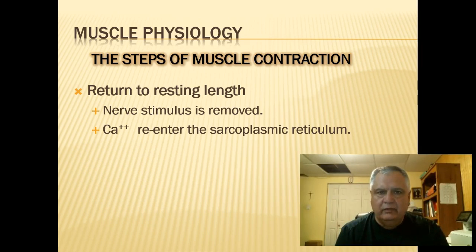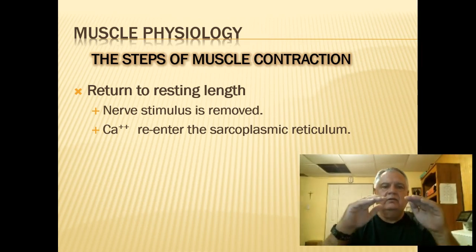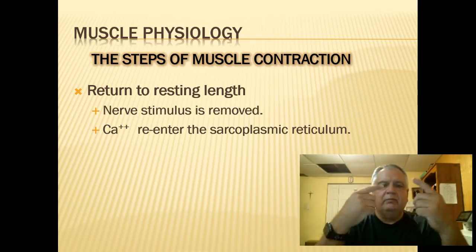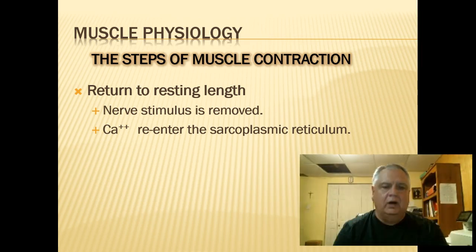When we remove the nerve stimulation, the sodium pumps, you may recall the sodium-potassium exchange pumps, are going to kick back on. They're going to pull the sodium back out, and the action potential is going to flip back to a polarized state.